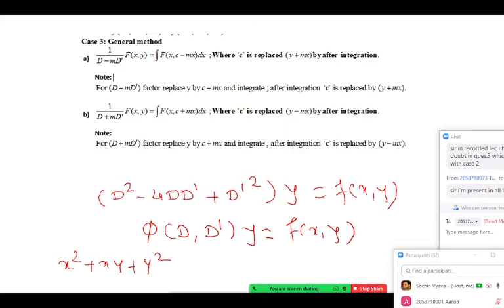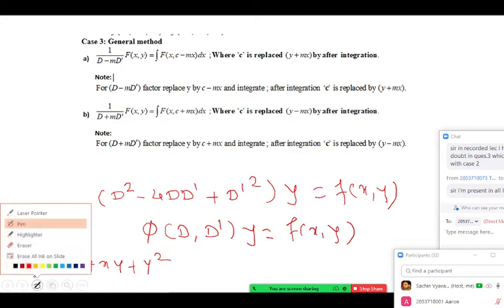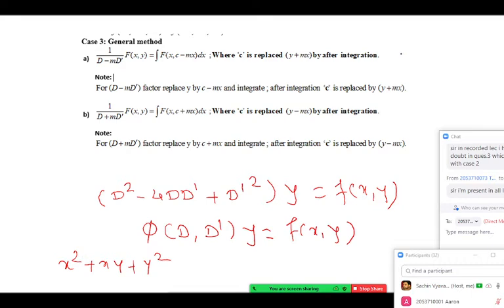Two cases we already completed. In case 1, the function is the exponential e raised to ax plus by. Whenever e raised to ax plus by is there, the shortcut method says replace D by a and D' by b, and we get the PI.